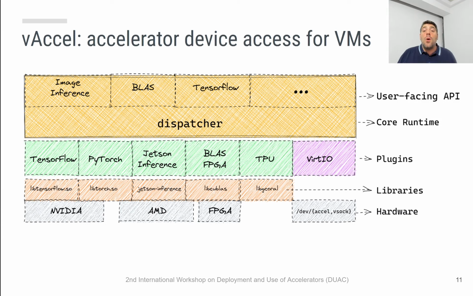Then the core runtime is actually a simple dispatcher that maps API calls to the plugins, which is the core of the VAccel framework. The plugins are the glue code between the API calls and the hardware-specific implementation shown in the libraries row here. So the libraries and the hardware, of course, are external to the VAccel software stack.